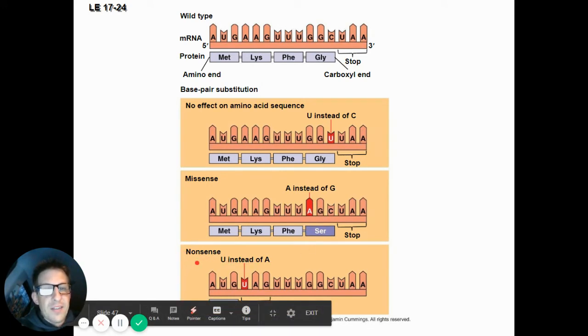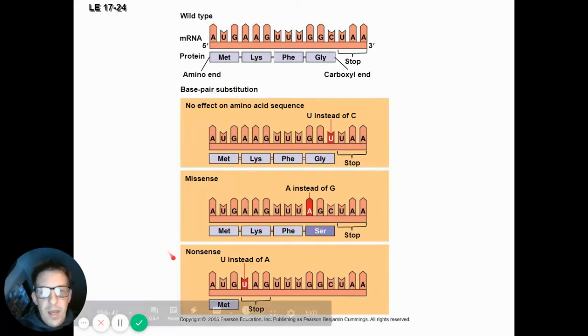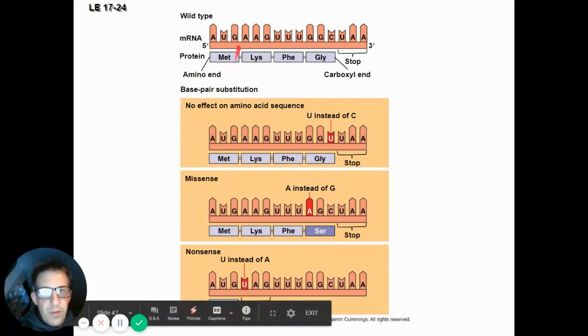Down here we see the nonsense mutation. All right, the nonsense mutation causes one of your codons to switch and turn into a stop codon. Right, so we see up here the second codon is where we're looking. AAG is the normal version, and if we look at the second one, this first A gets turned into a U. Okay.